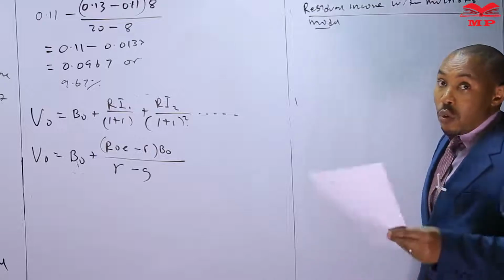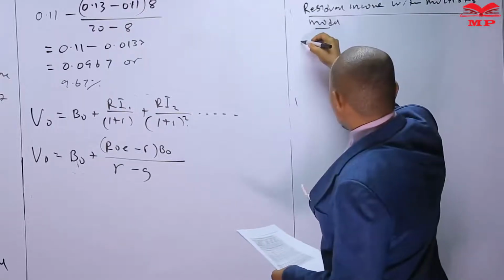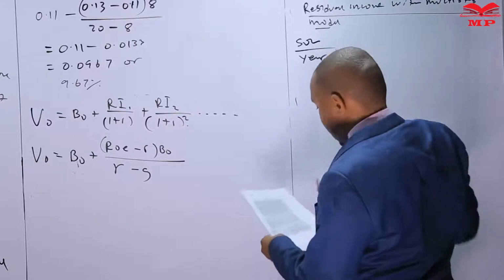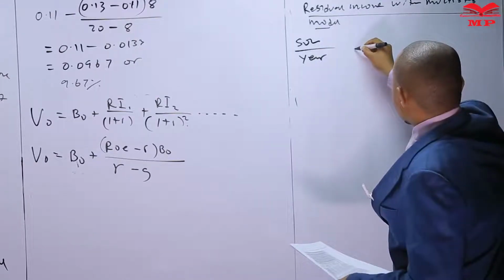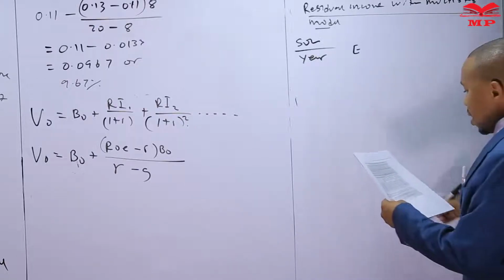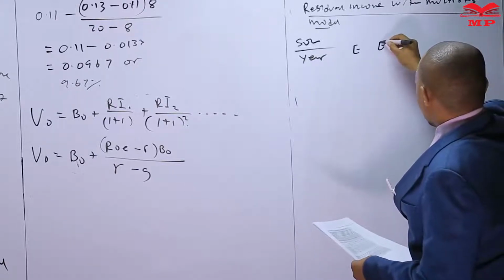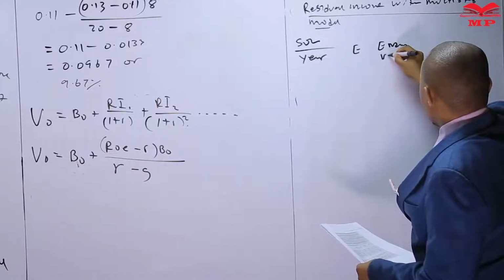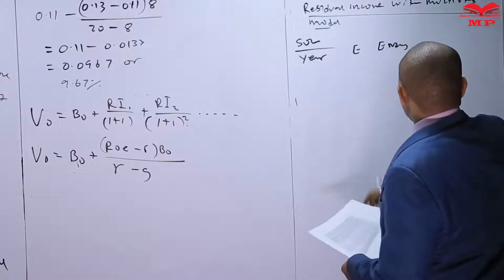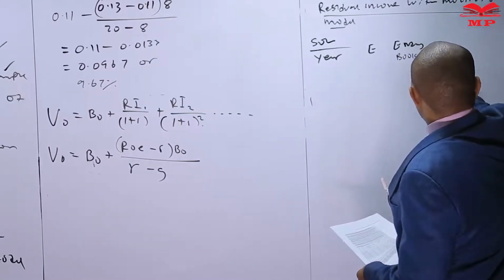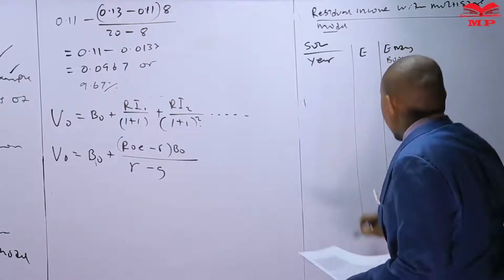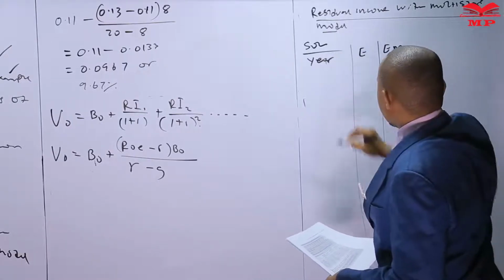So what we'll need to do, first of all, is to draw the information in the form of a table. Once we have that table, we can do the following. So we say solution, the year, we have the earnings, E. Then we have the ending book value. We can draw it in form of a table like that.